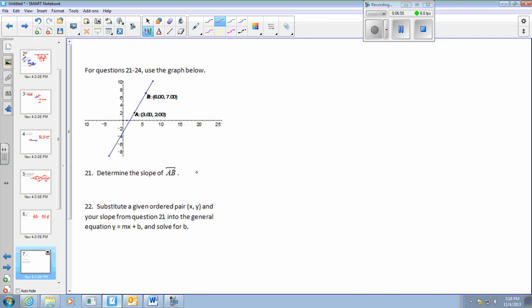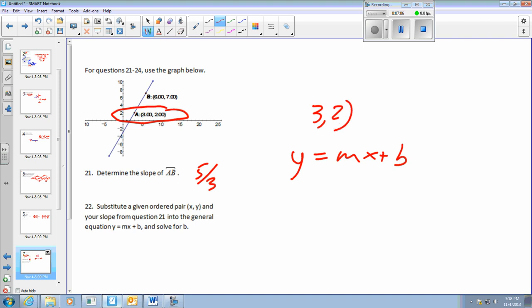In this one, since we already know the slope is 5/3, it says substitute the given point and your slope from 21 into the formula. So y equals mx plus b. I'm going to use this point here, 3, 2, and my slope that I have.